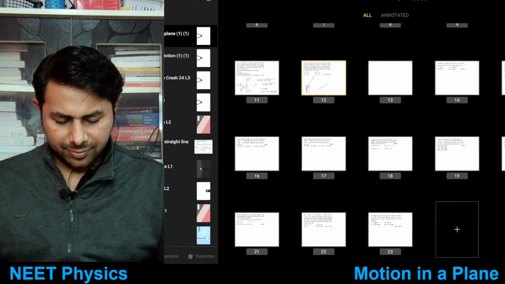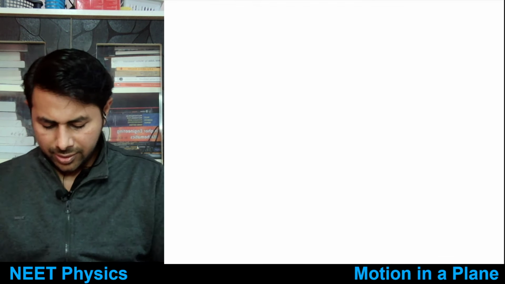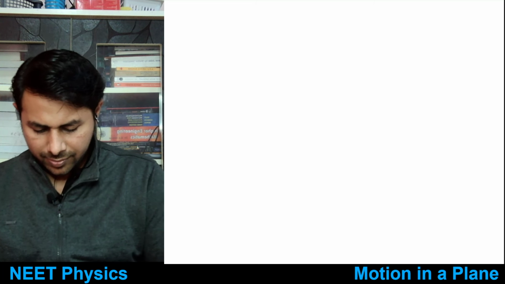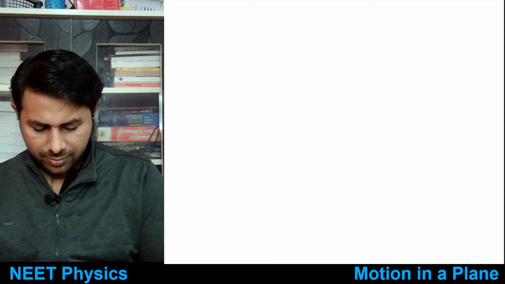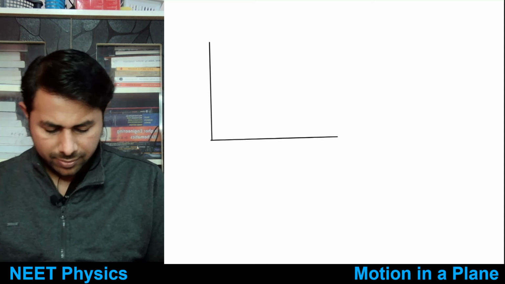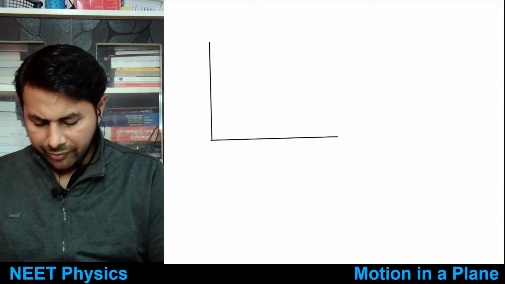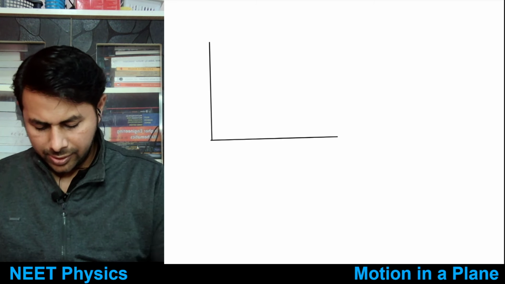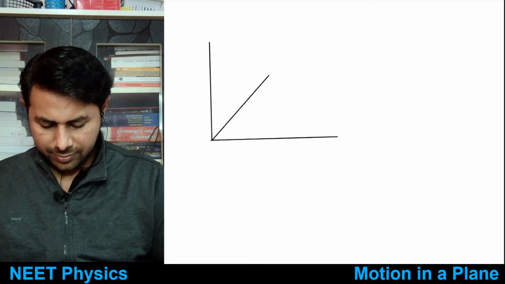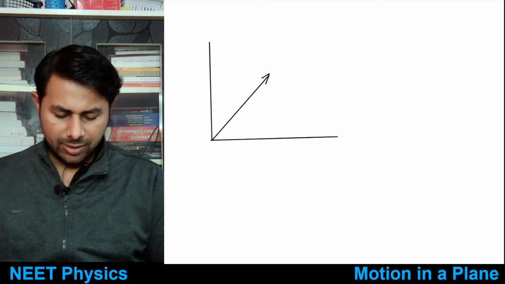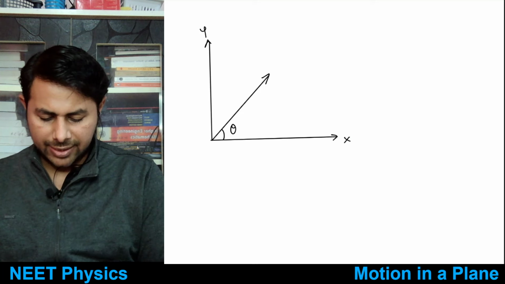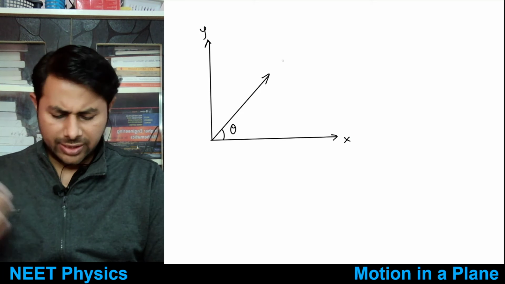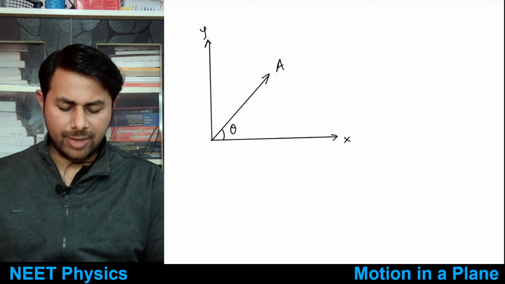All right, see, suppose you have any vector and it makes some angle theta with the x axis, this is the y axis, and this vector is a bar.